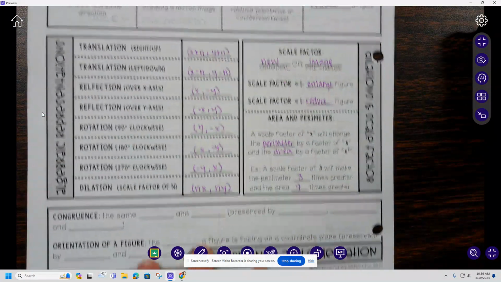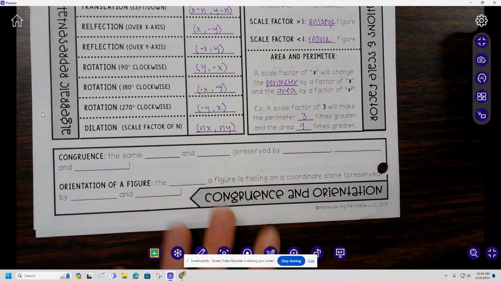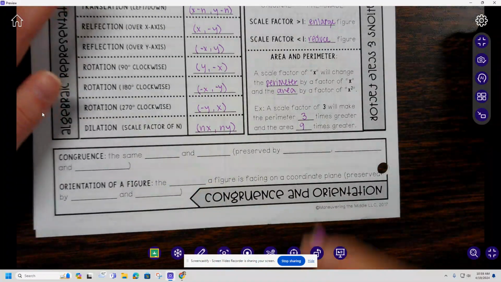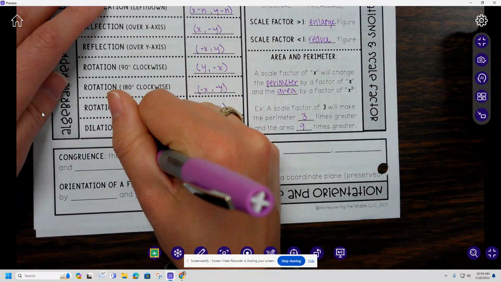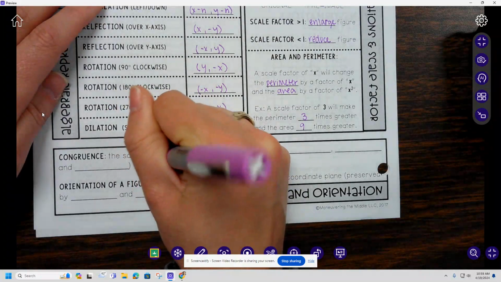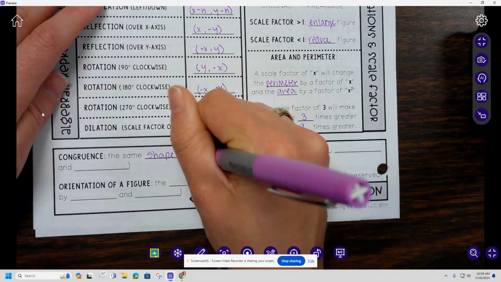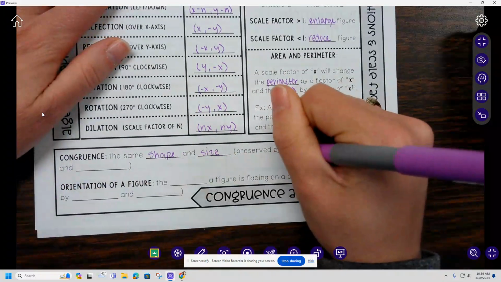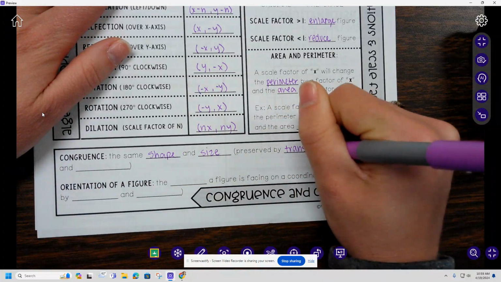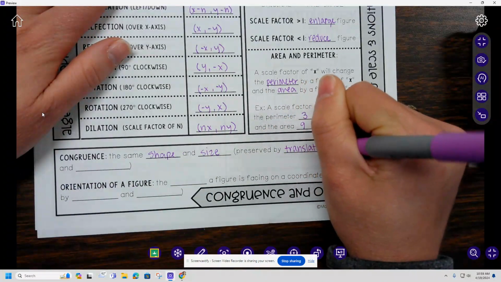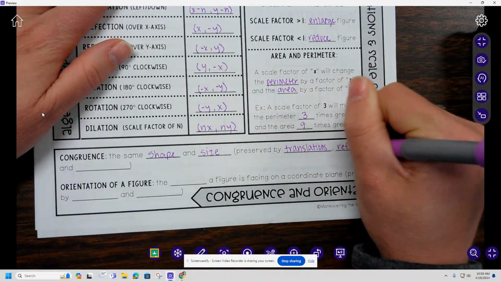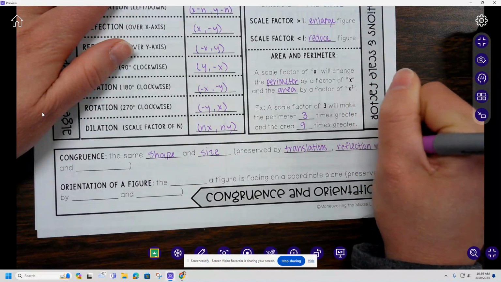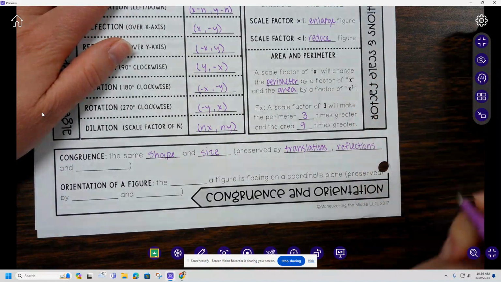All right, congruence and orientation. Congruence is the same shape and size, preserved by translations, reflections, and rotations.